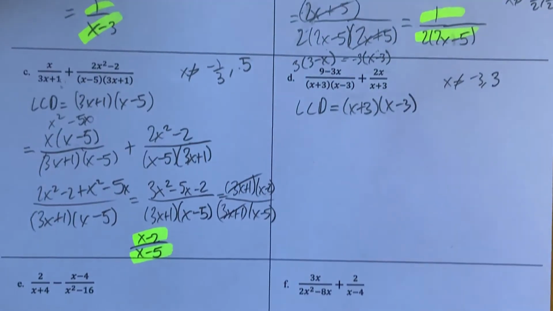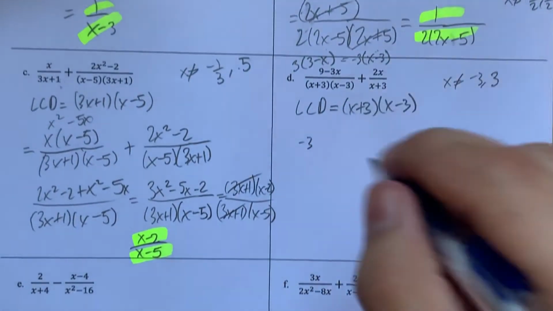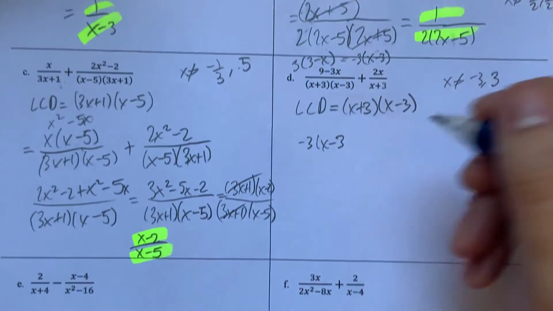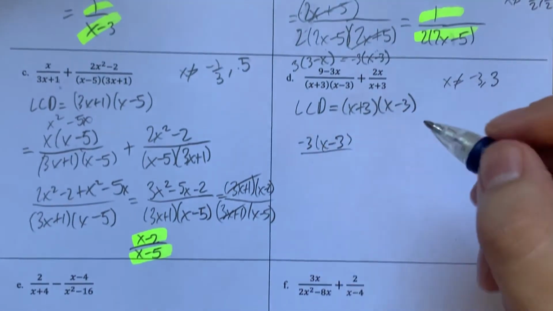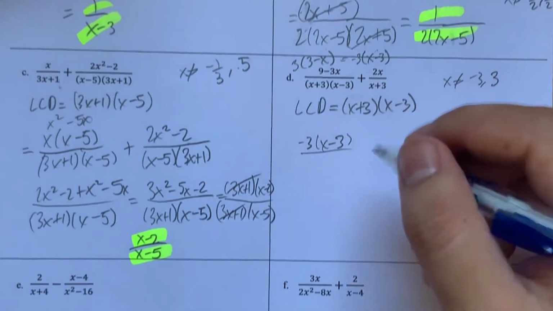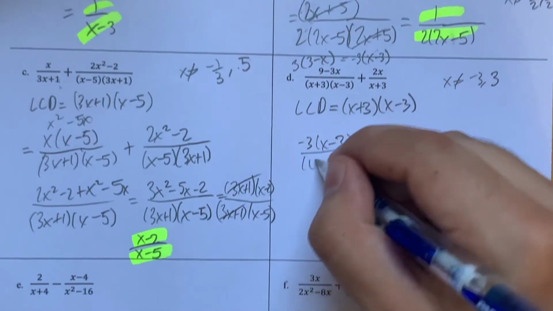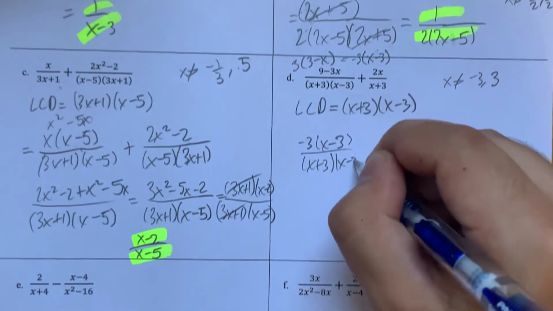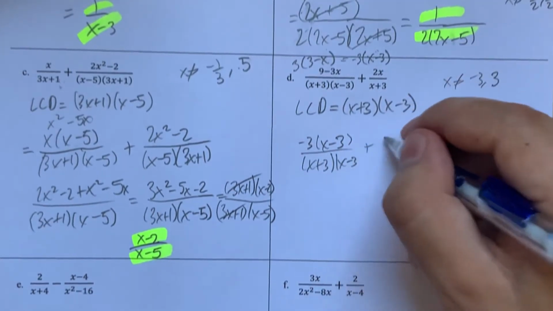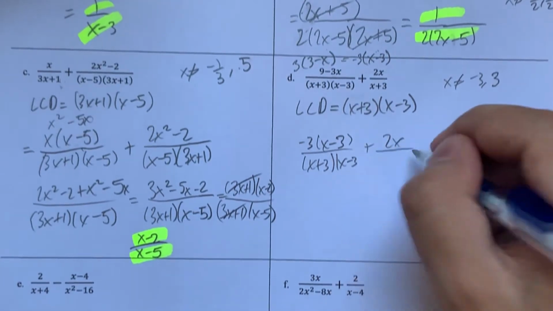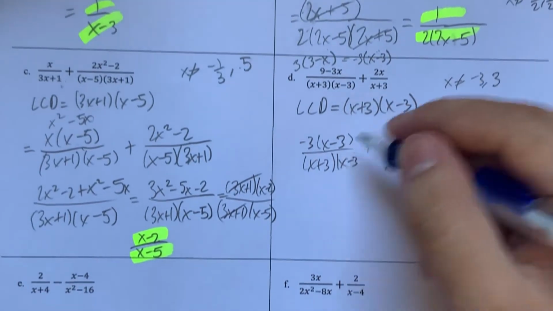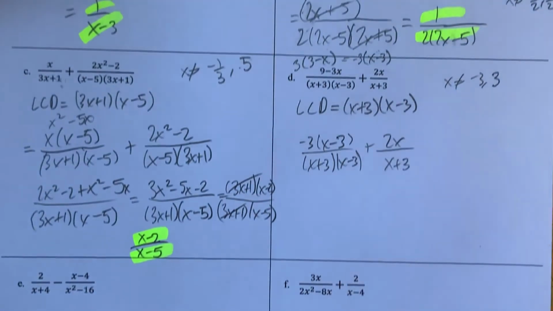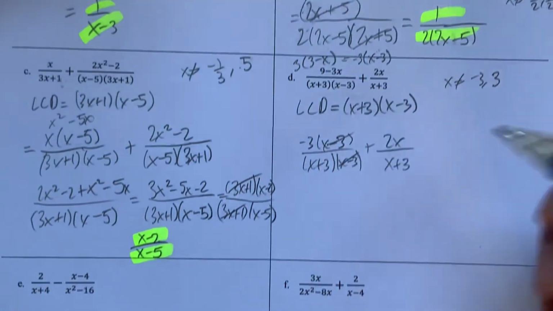All right, so my changed equation is going to be x plus 3 times x minus 3 plus 2x over x plus 3. And because I manipulated my formula like that, the x minus 3's cancel.